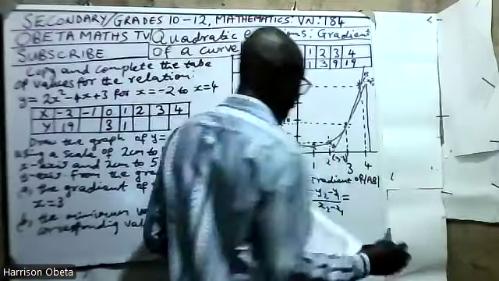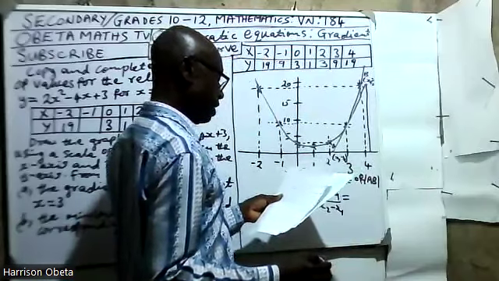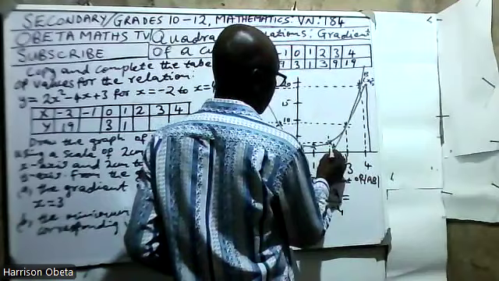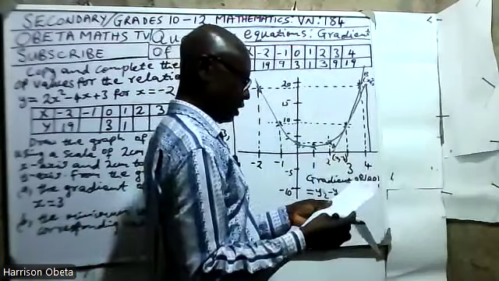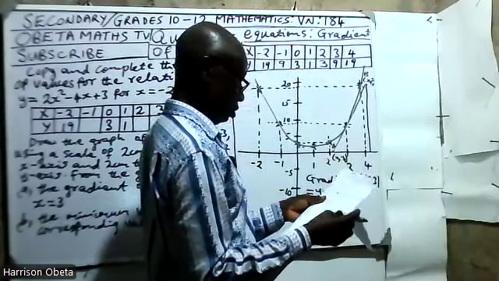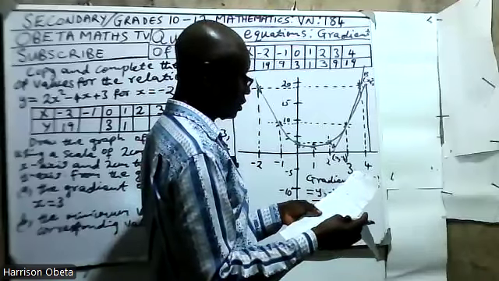So from my own graph, I have 16 minus 0, but the value at the initial distance is 2.2, x1 is 1.8, y1 is 0.